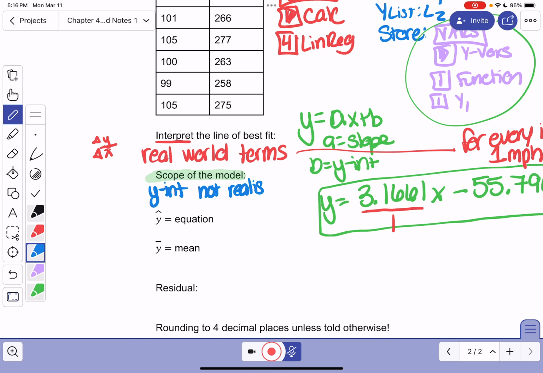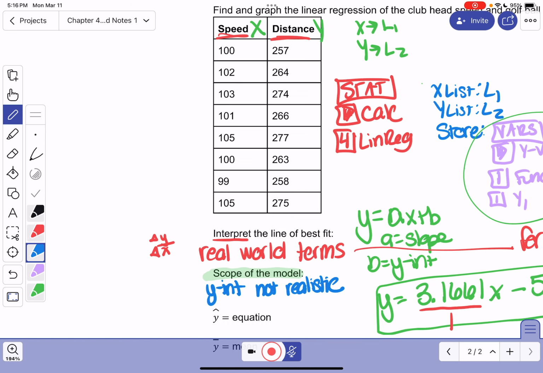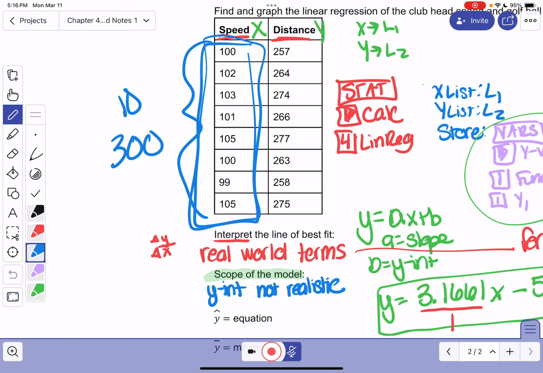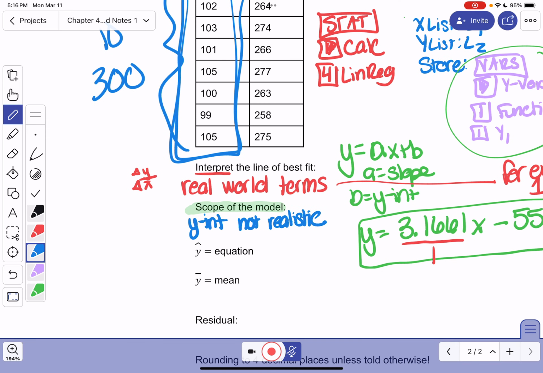We still need it there for the numbers, but it's not within the scope of this model. Also, all of these speeds are around 100. So if I wanted to know how far the ball would go if it was 10 miles per hour, that 10 is really far away from the 100, so this model might not help. The same as if I said, what if I hit it 300 miles per hour? Those numbers are outside the scope of this speed, so we wouldn't use that model.